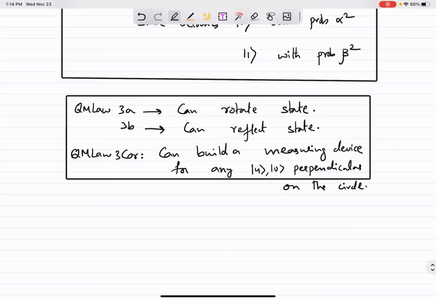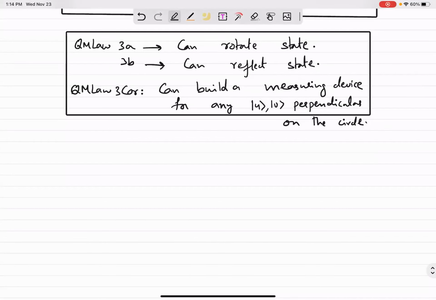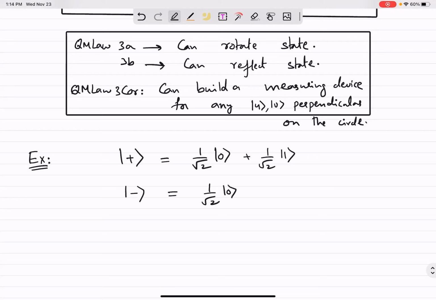And so let's do some examples to know what these projections will be. Let's say my u, if I take plus, which is 1 over square root 2 times this, and if I take minus, which is 1 over square root 2 times this.